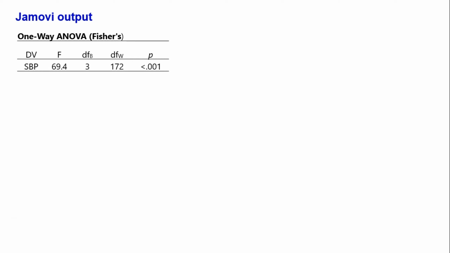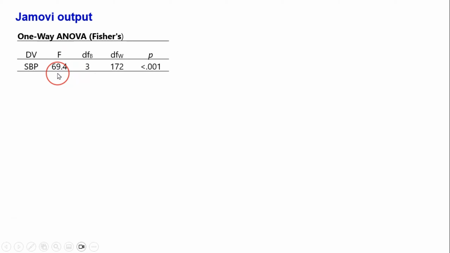And we would look that up at 3 and 172 degrees of freedom. We get a particular value that we either meet or exceed. And the computer then tells us, assuming the null is true, how far our F ratio that we observed exceeds or does not exceed, if you will, the critical value for the 0.05 level of probability.